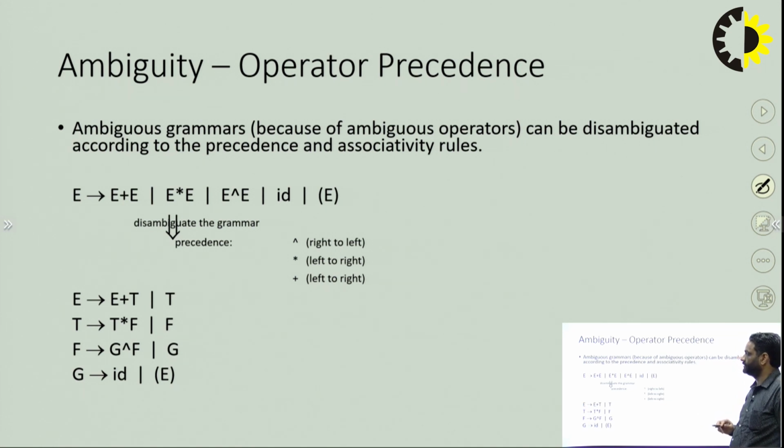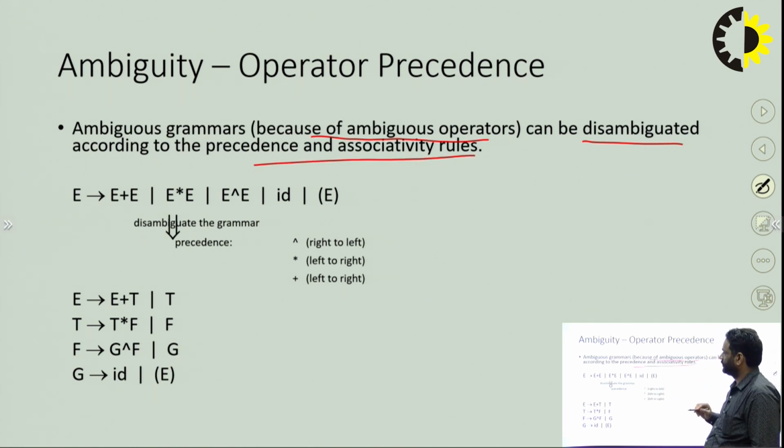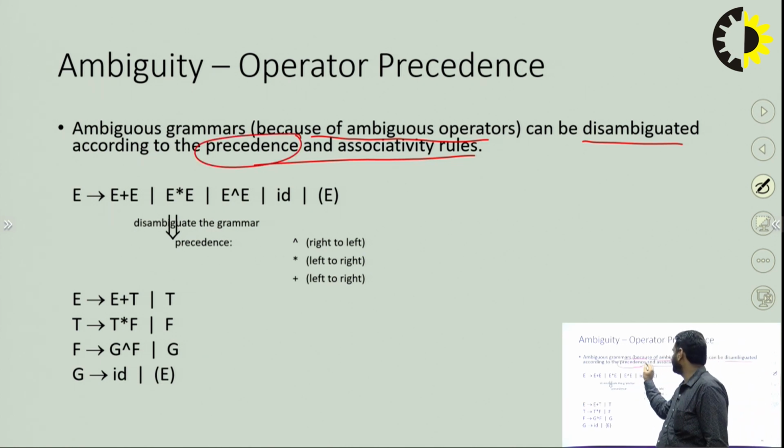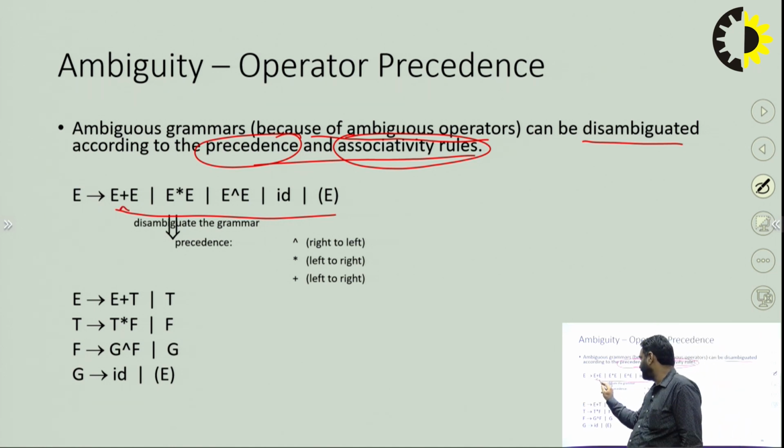eliminate the ambiguity. An ambiguous grammar, because of ambiguous operators, can be made unambiguous according to precedence and associativity rules. So we can eliminate ambiguity by means of precedence and associativity rules. In this grammar we have a number of operators. The first operator is the plus operator, or we can say the additive operator. Then we have the asterisk operator.